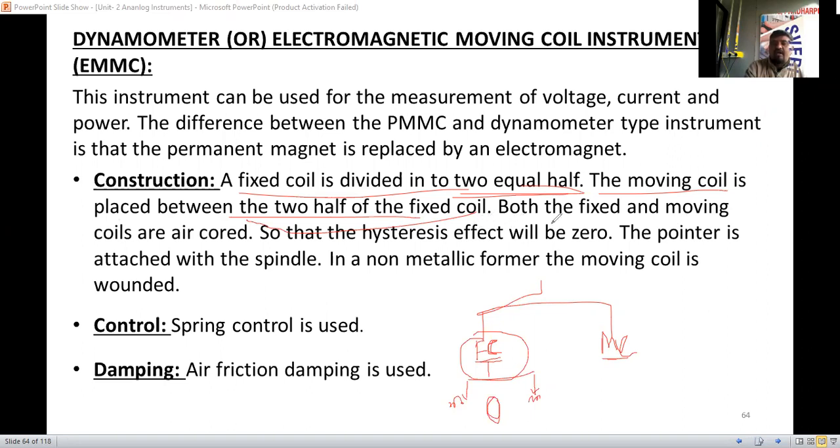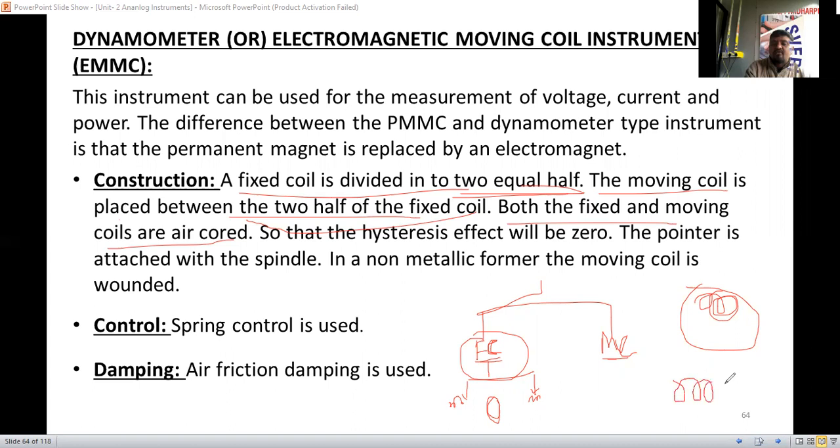Both the fixed coil and the moving coil are air cored. Air cored means just a wire wound; we are not using any iron material or core material, so air acts as the core. See here, we take a wire and wind it like this.